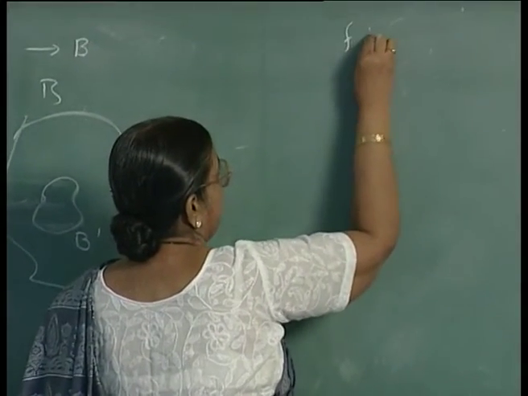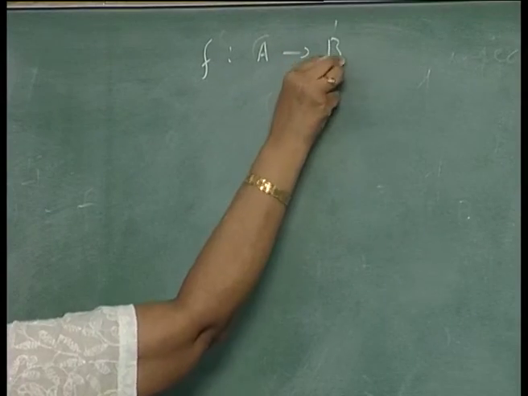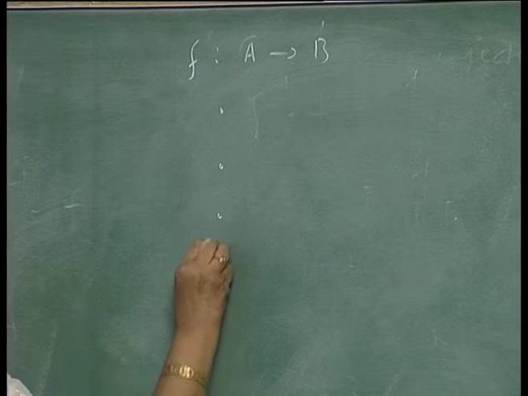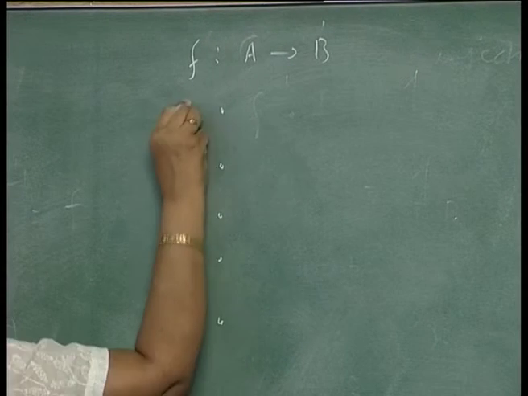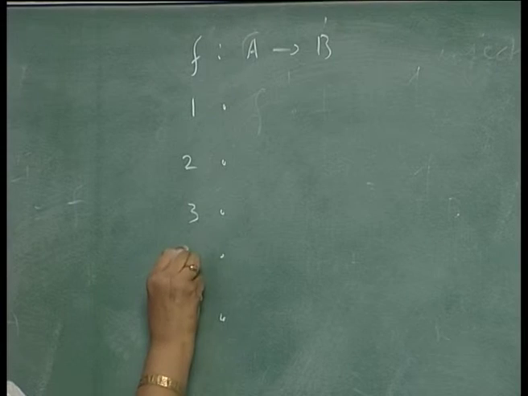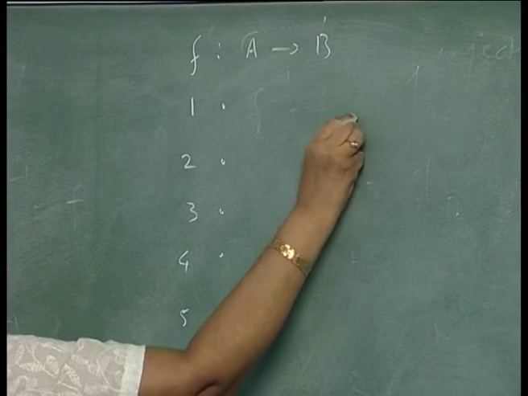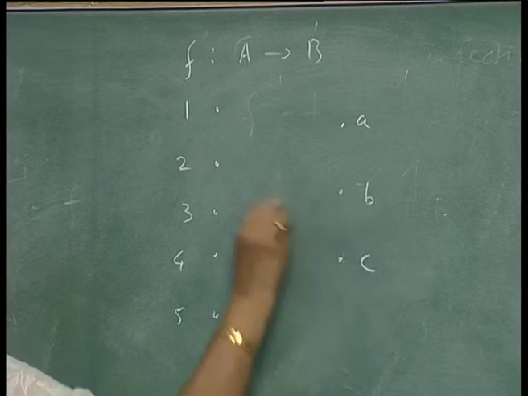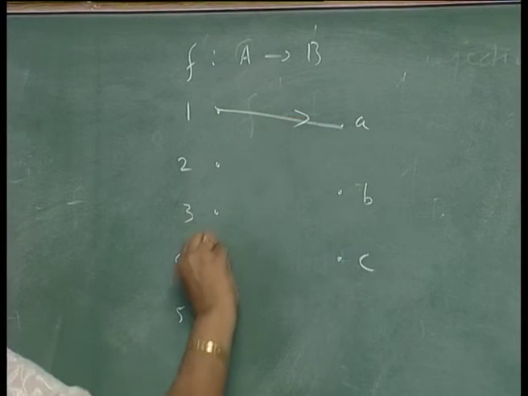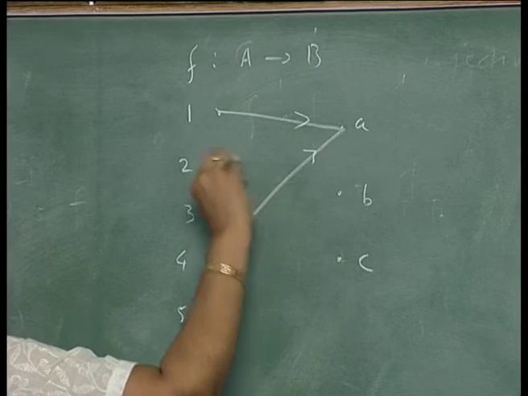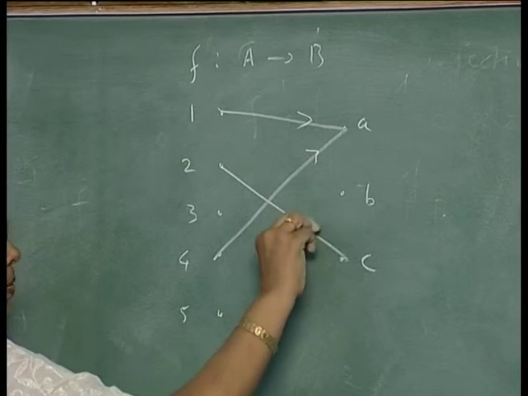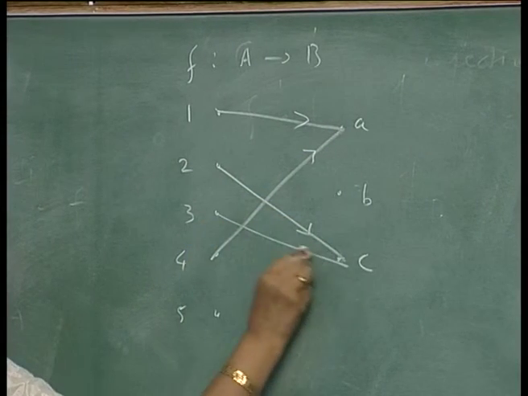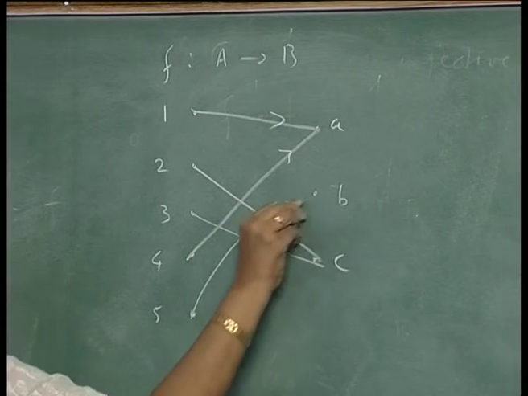Suppose f is a function from A to B, there are some elements like this: 1, 2, 3, 4, 5, and B has 3 elements A, B, C. Now, 1 is mapped on to A, 4 is mapped on to A, 2 is mapped on to C, 3 is also mapped on to C, 5 is mapped on to B.